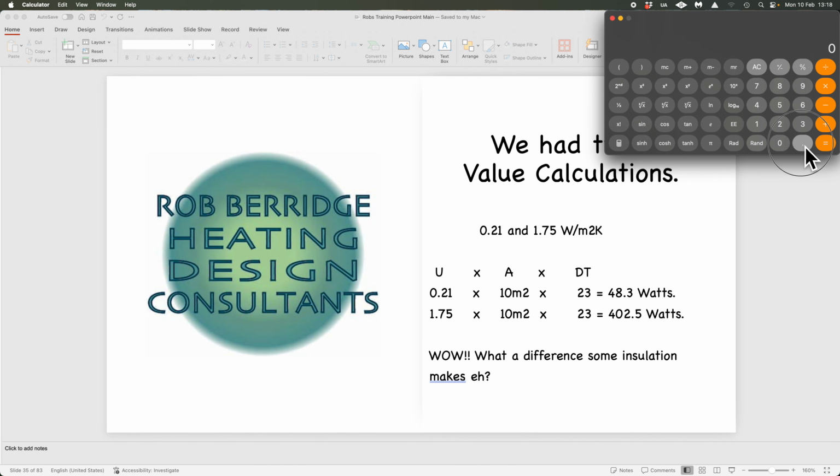So we've got 0.21, which is your U value, times 10, the area, times your delta T of 23, and we get 48.3. So we're losing now out of that 10 square metre wall, so one whole wall with insulation, just 48.3 watts.